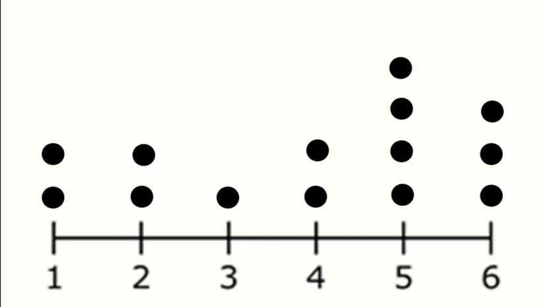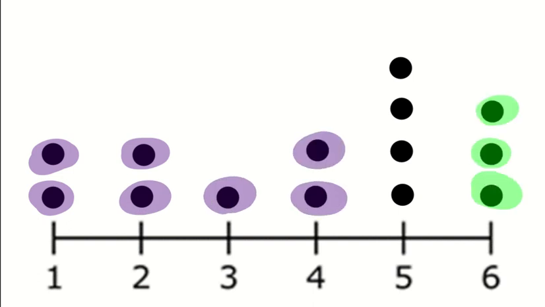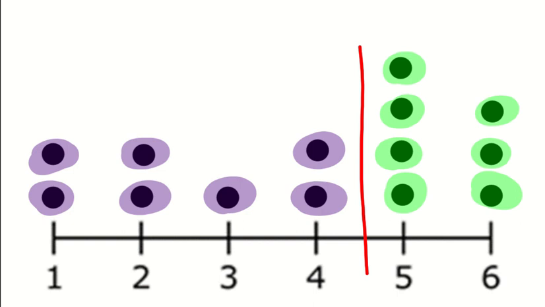We divide that by 2, that means we got 7 on each half. So 1, 2, 3, 4, 5, 6, 7. 1, 2, 3, 4, 5, 6, 7. That means for my median, it's in between where the two halves meet. If they met in the same column, it'd be whatever that column is. But since it's in between those two halves, that means we add 4 plus 5, get 9, divide by 2, get 4.5. Okay?